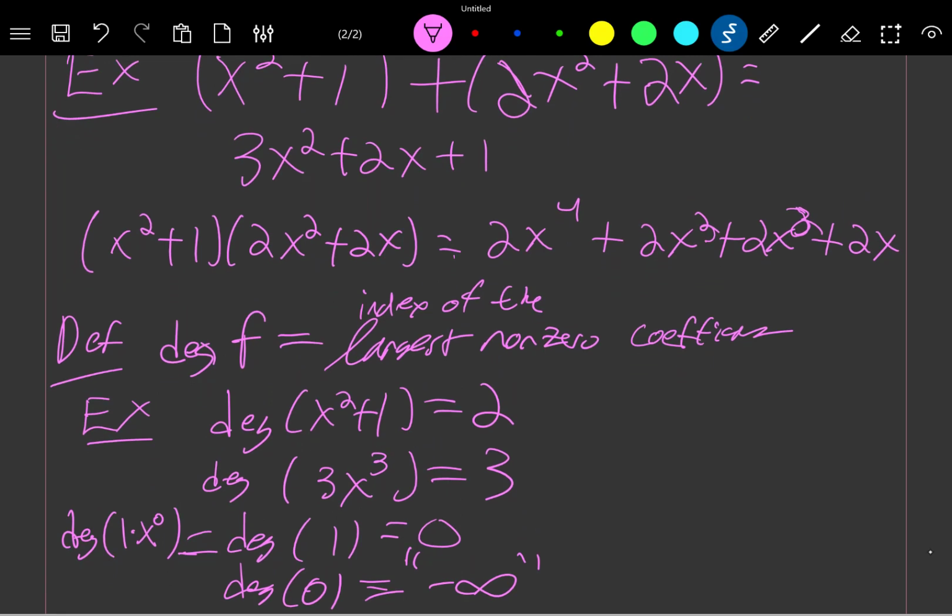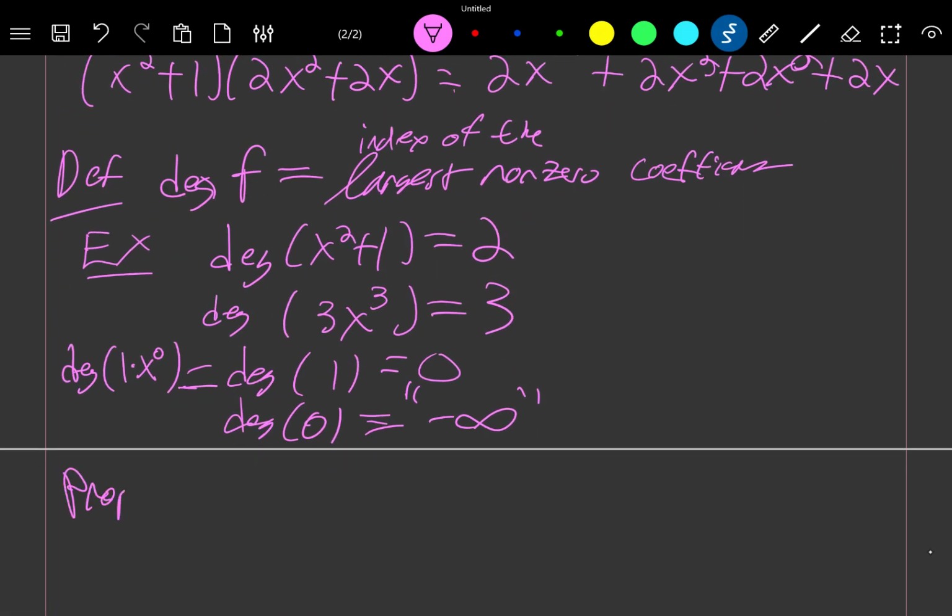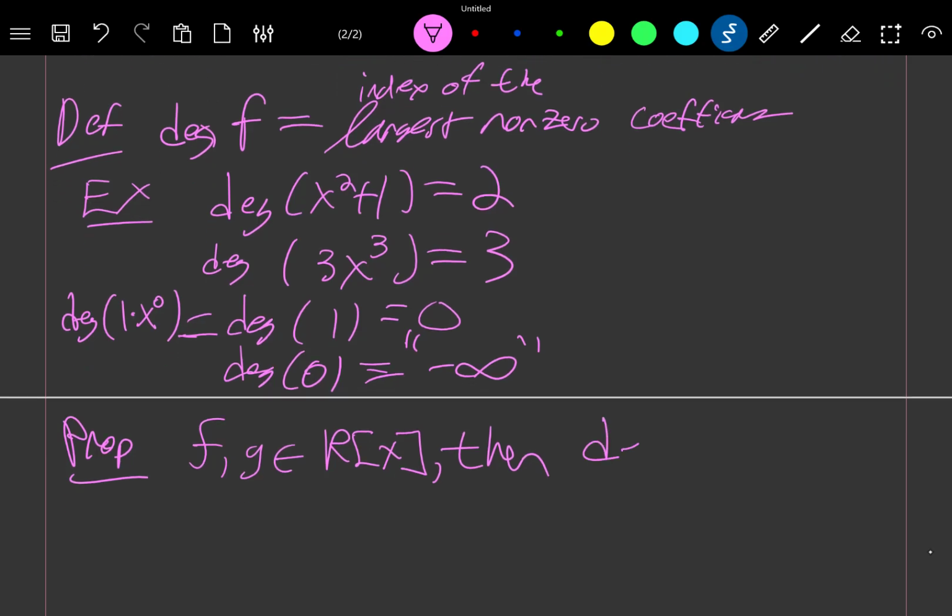So first, let's prove the following statement. If we have two polynomials f and g, then the degree of f plus g is less than or equal to the maximum of the degree of f and the degree of g.